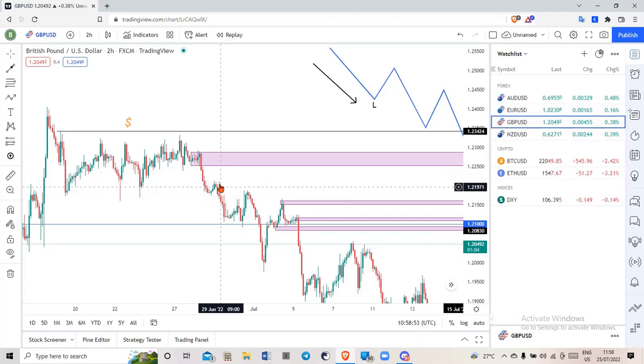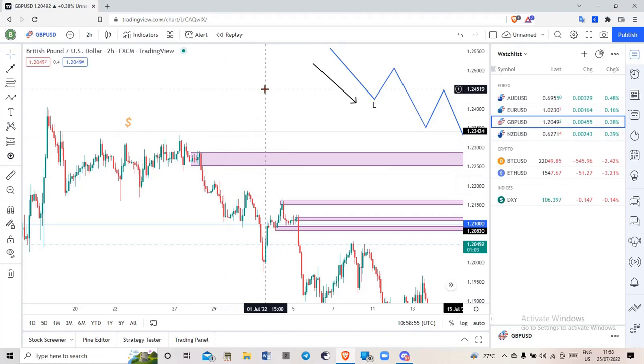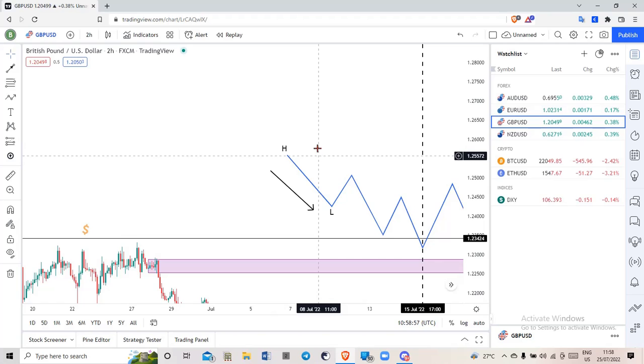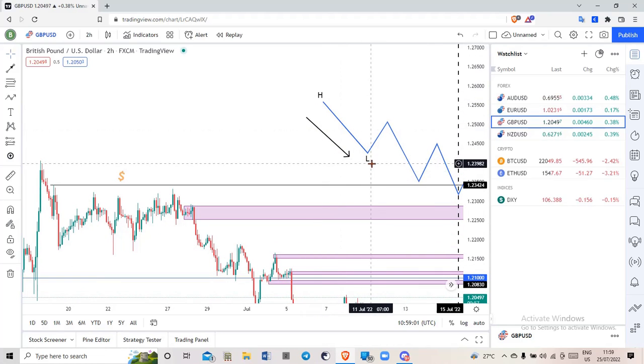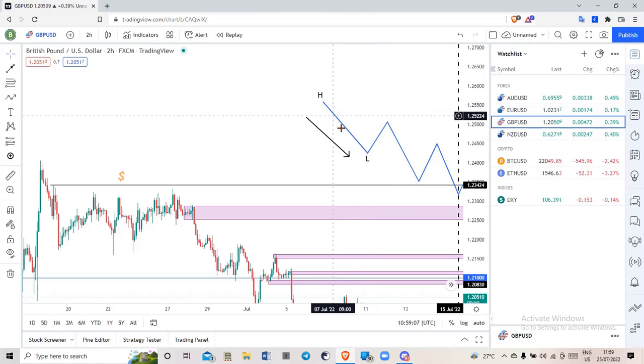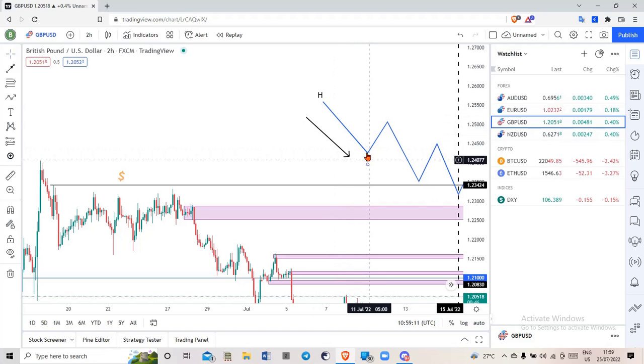This is what we call a swing. The swing low is called a swing low. When you are in a downtrend, every swing that is going down is called swing low. The one going up is called swing high. So this one is swing low.